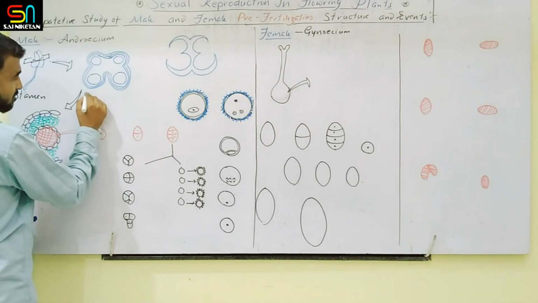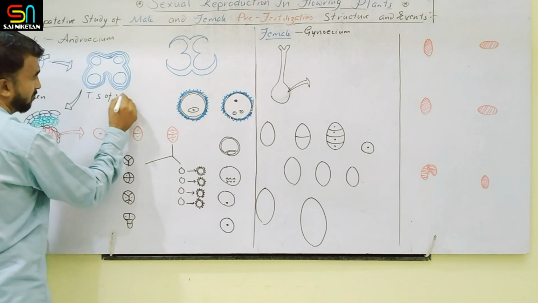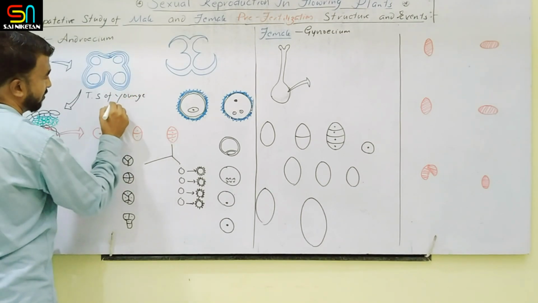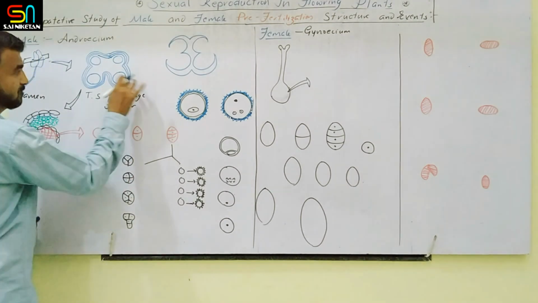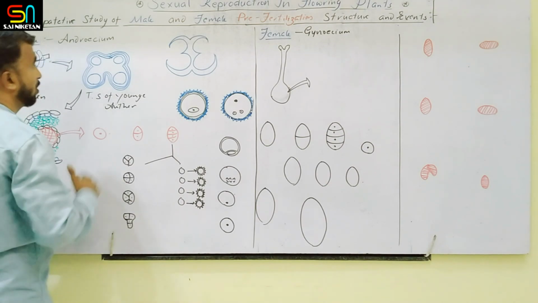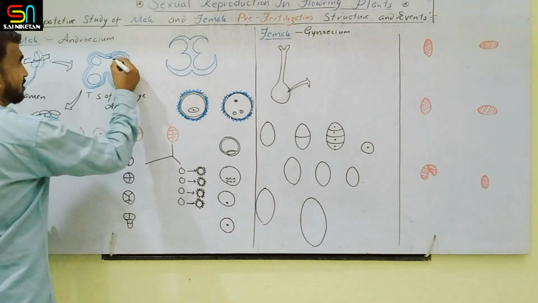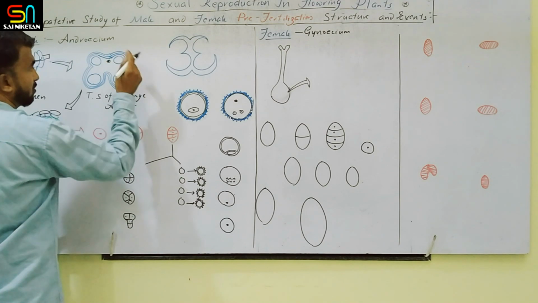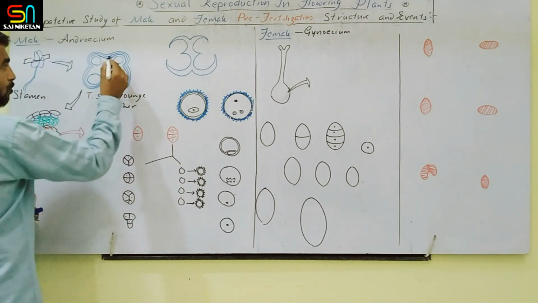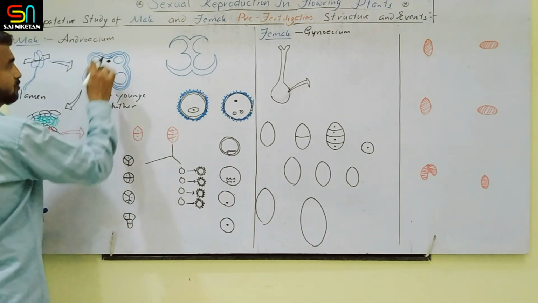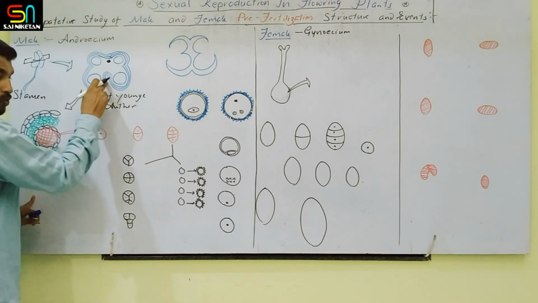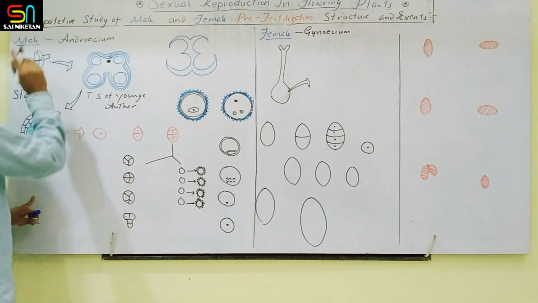So this is the TS of the anther. The anther is a bilobed structure, right lobe and left lobe, and both the lobes are connected with the help of connective tissue. On the other side, a longitudinal groove is there that runs from the anterior to the posterior part.